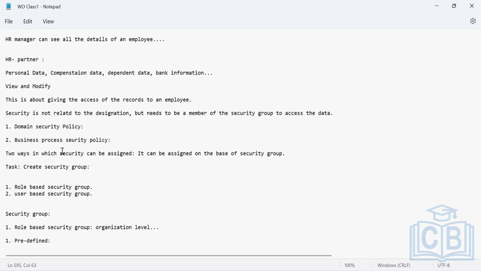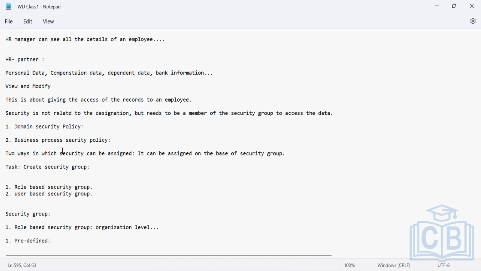Once the permissions are inherited by the role, when someone joins, you assign the role to that person. What will happen? That person is indirectly now a member of the security group. So whatever permissions that security group has, the same permissions the user also has.